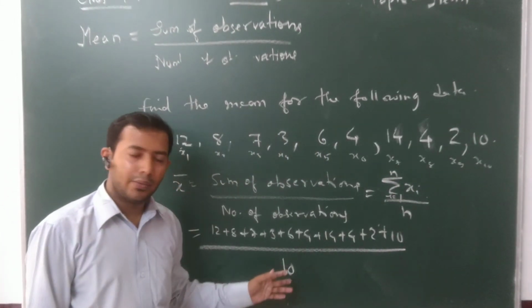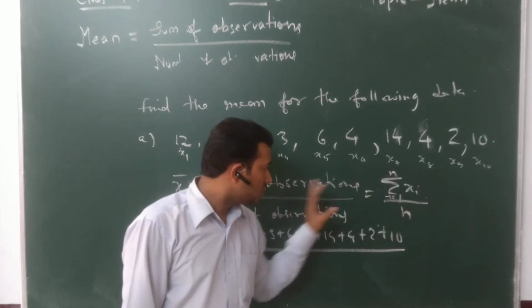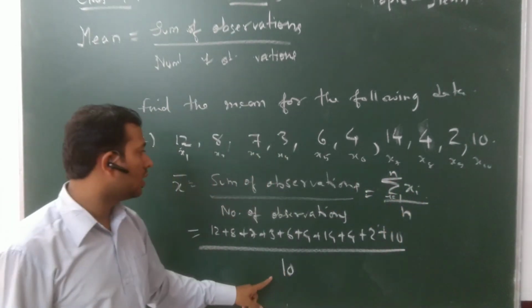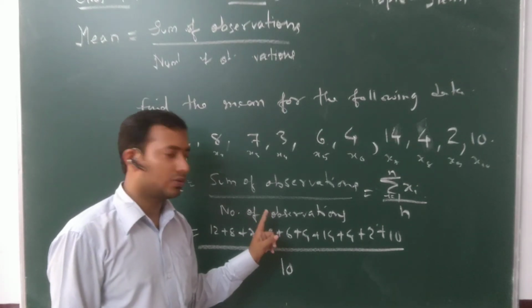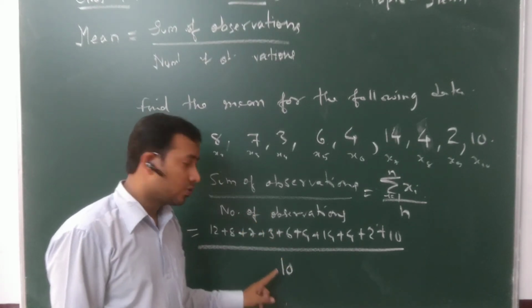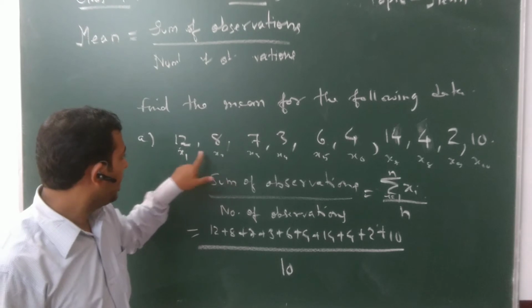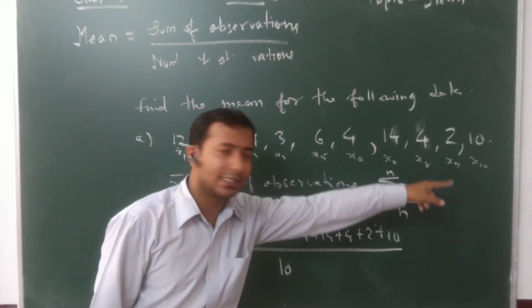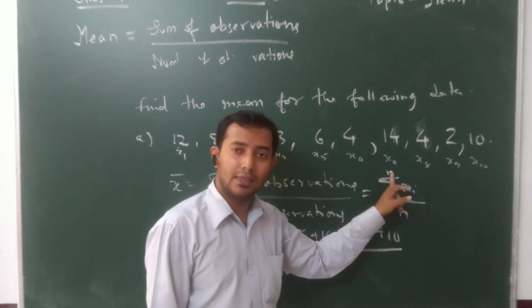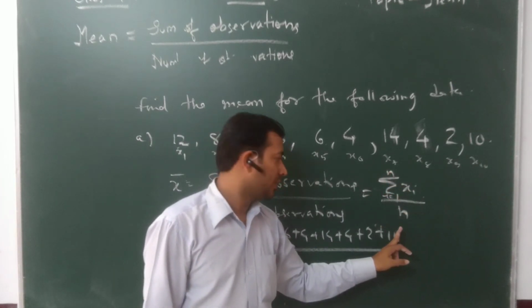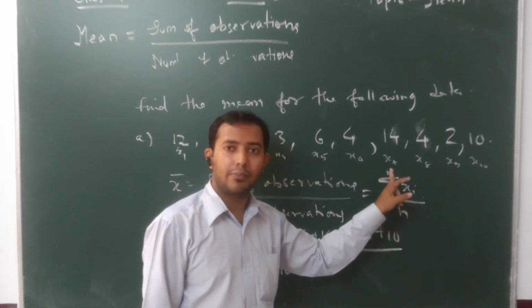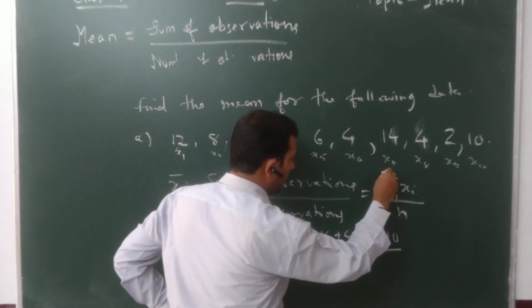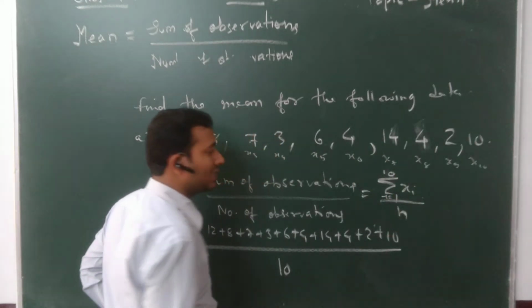Why, sir? Because here n means the total number of observations. How many can you see here? x1, 2, 3, 4, 5, 6, 7, 8, 9, 10. That means n will be 10 here, and this one will also be 10. Both are the same. So for this problem, it will not be n, it will be 10.